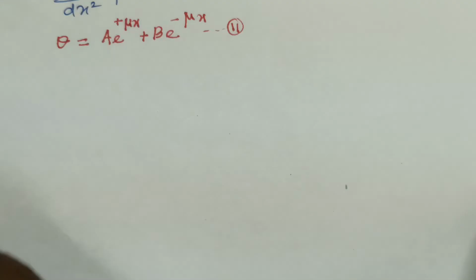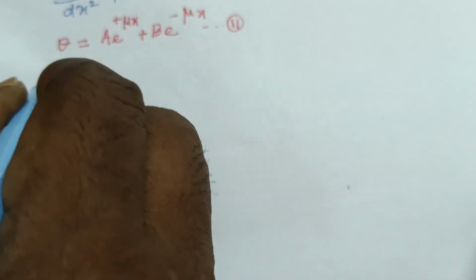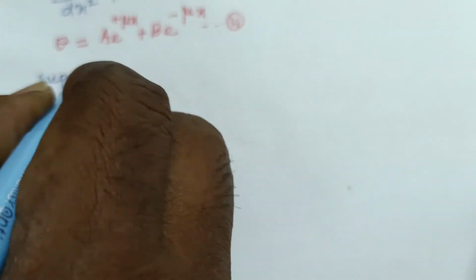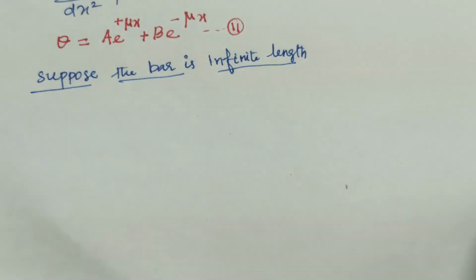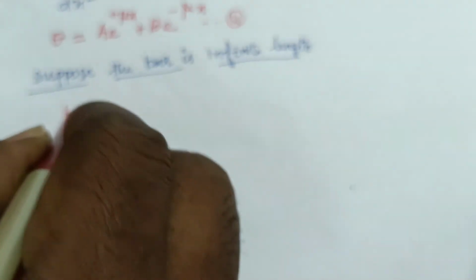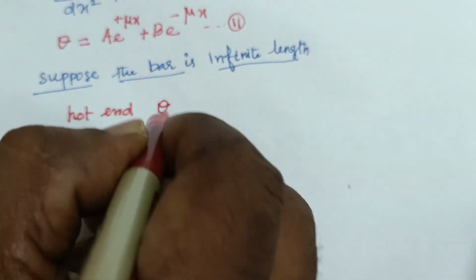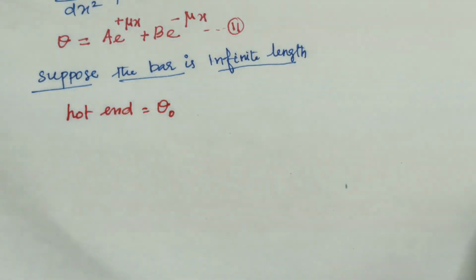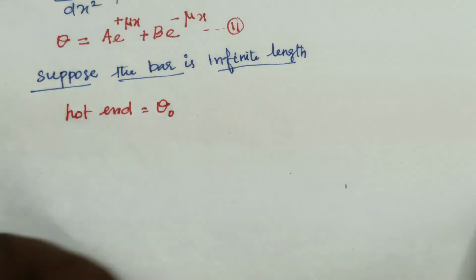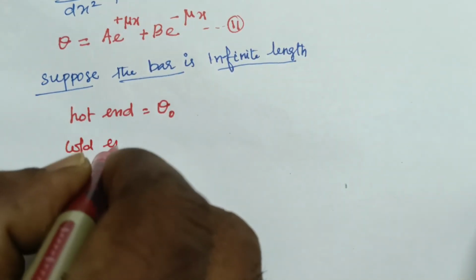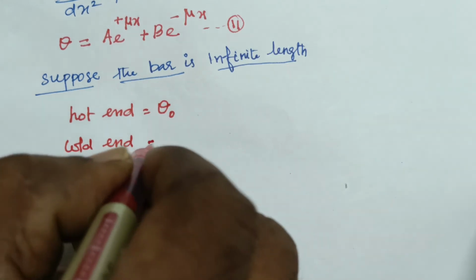Here another condition is, suppose the bar is of infinite length. Now the excess of temperature above the surrounding area at the hot end is considered as theta 0, and the excess of temperature above the surrounding area at the cold end is 0.